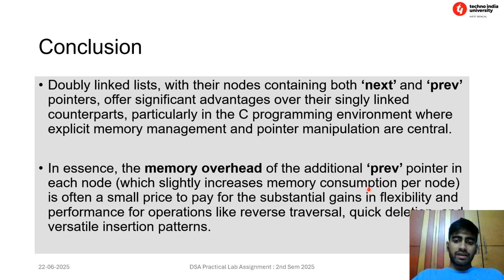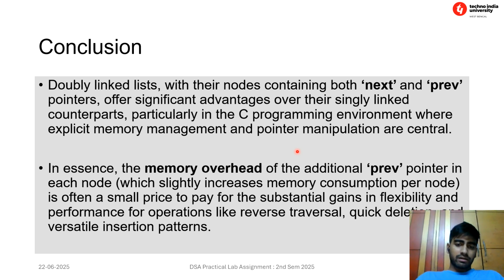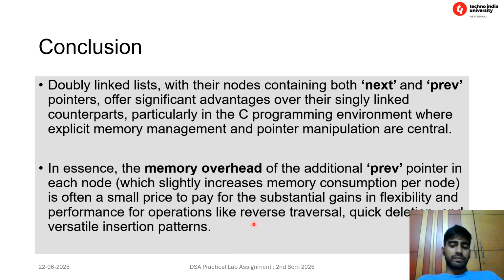But in a doubly linked list, we also have the additional previous pointer, which takes some additional memory. So this small memory overhead per node, which slightly increases the memory consumption, in my opinion, is a very small price to pay for the substantial gains in flexibility which we have in doubly linked lists, or in implemented structures like queues, hash tables or stacks, where reverse traversal, quick deletion, and quick insertion are very important.